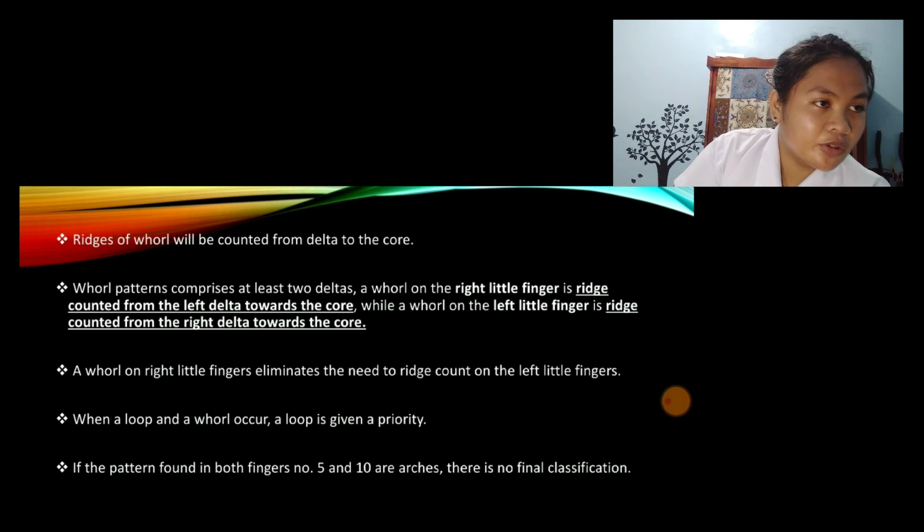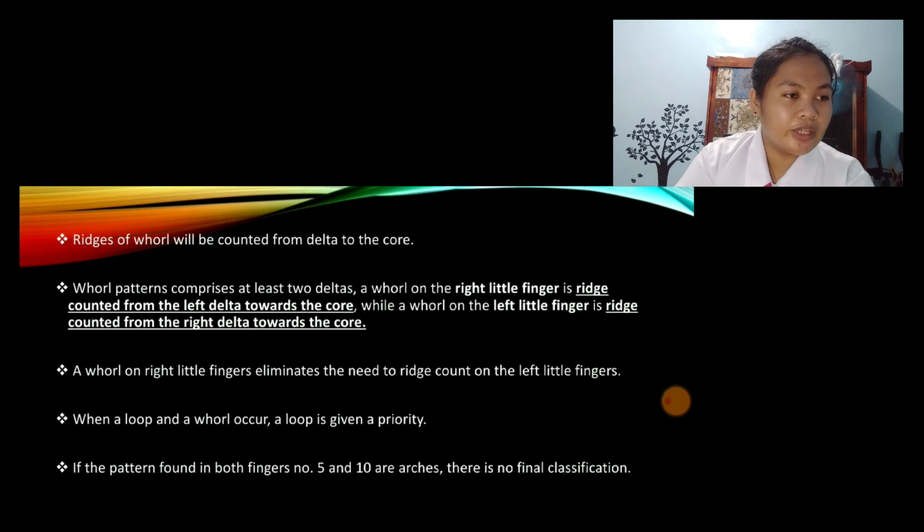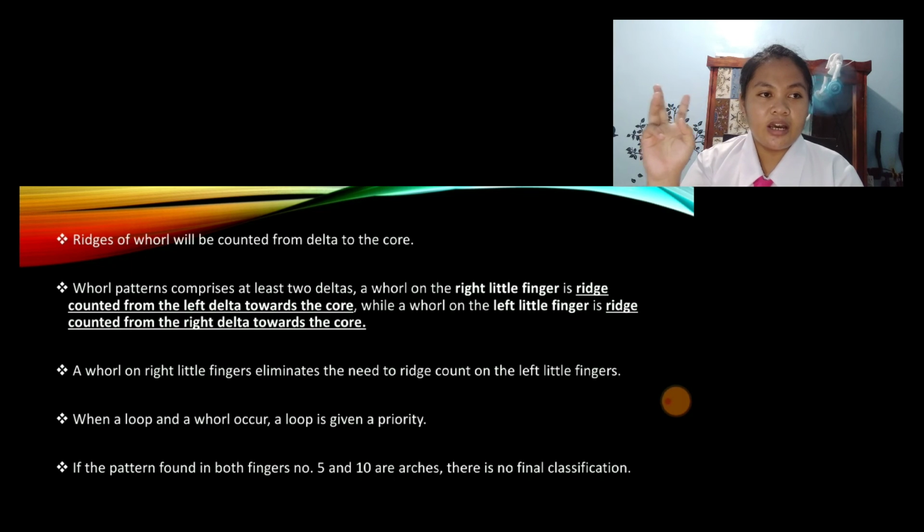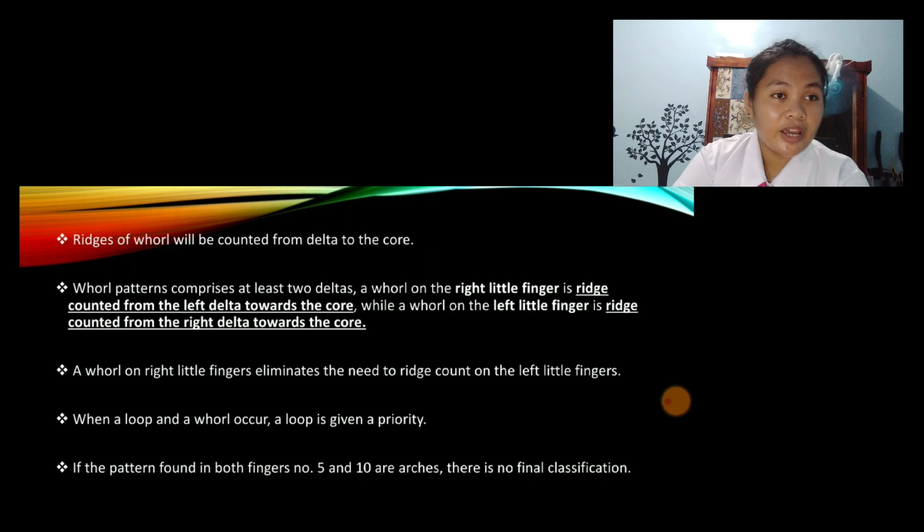A whorl pattern comprises at least 2 deltas. A whorl on the right little finger is ridge counted from the left delta towards the core. So if the whorl is on the right little finger, the ridge count will be from the left delta to the core.